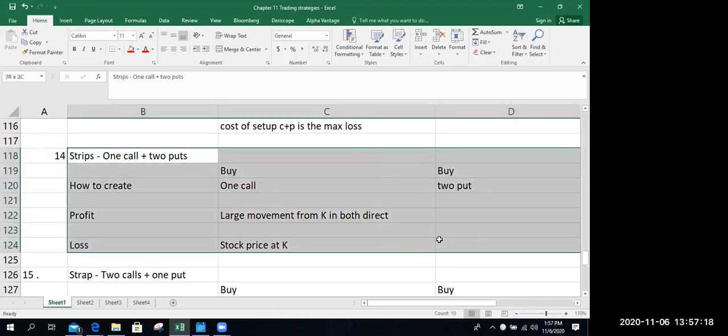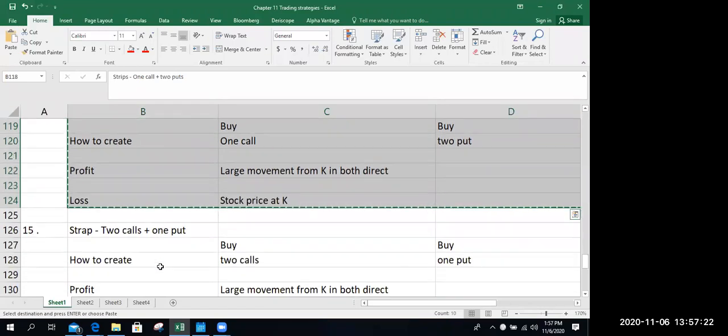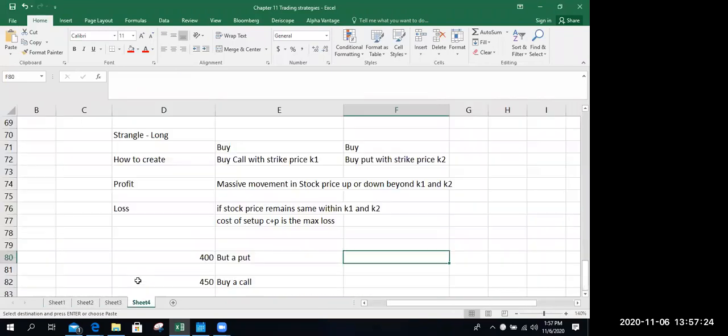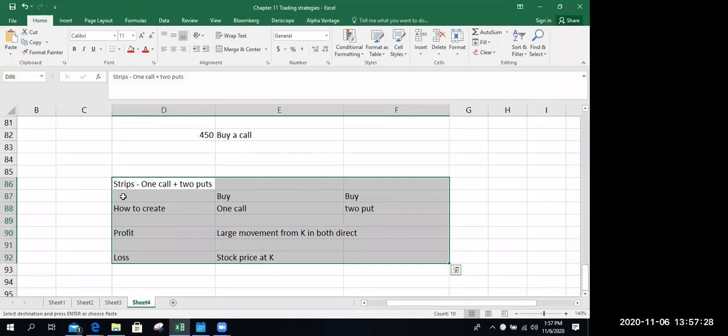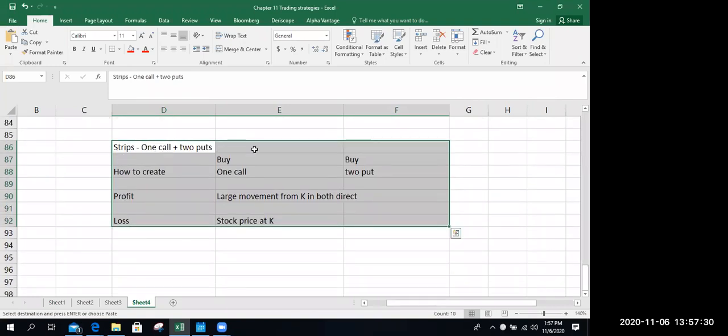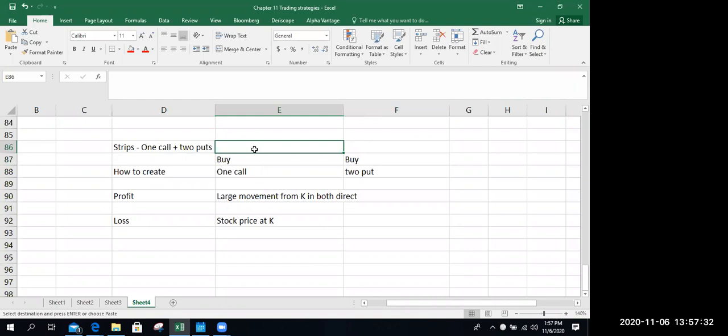So I'll explain it by copying it. So a strip is, you buy one call and two puts. When do you do that?